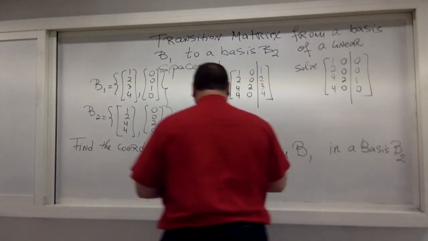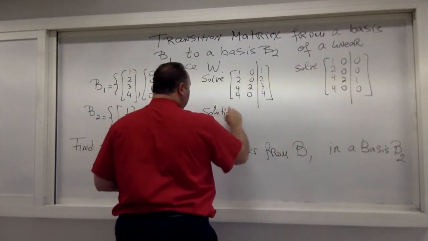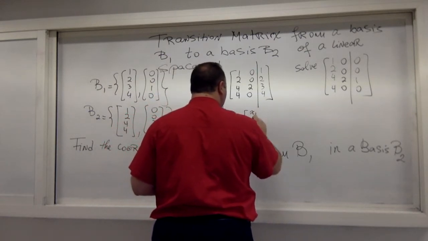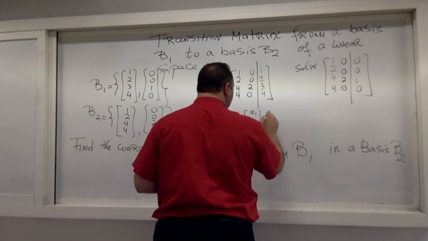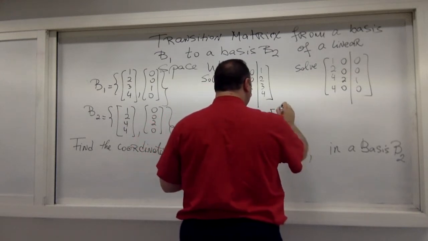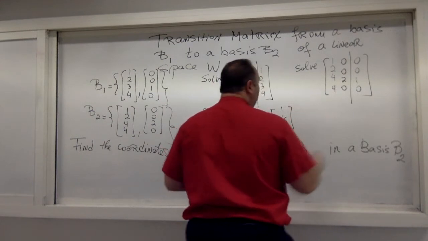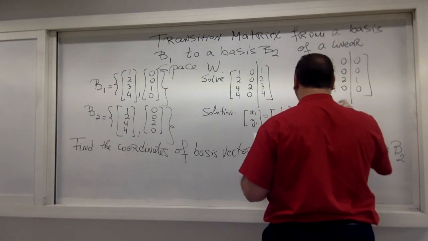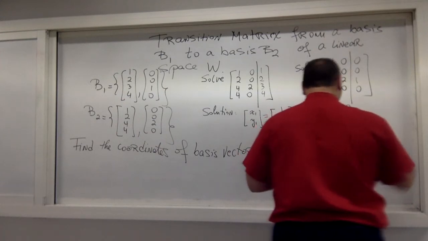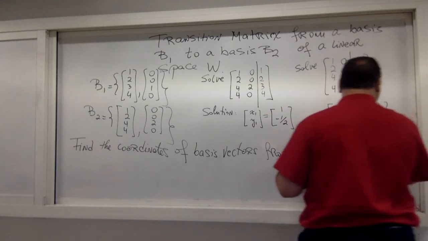Find the solution for these. The solution here will be x1, y1, and it's already computed somewhere. It's 1, negative 1 over 2. And the solution here will be x2, y2. And somebody computed that also. It's 0, 1 over 2.